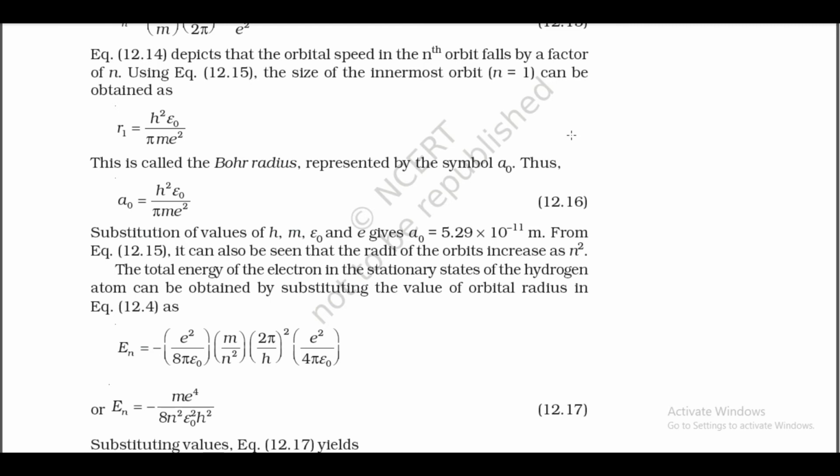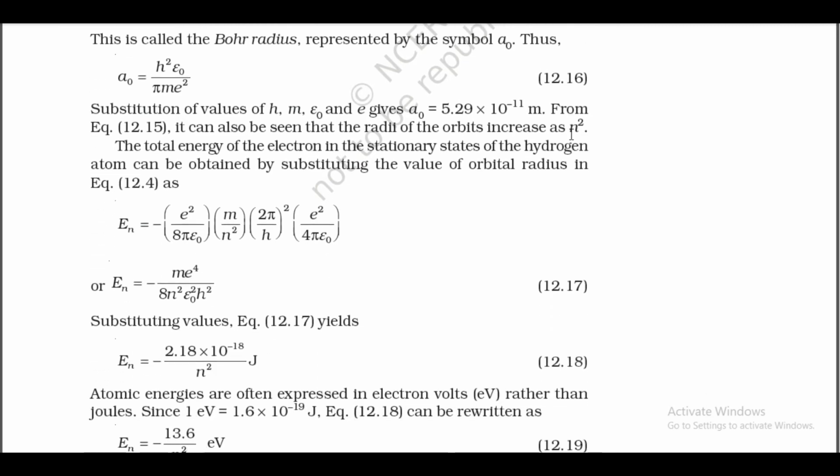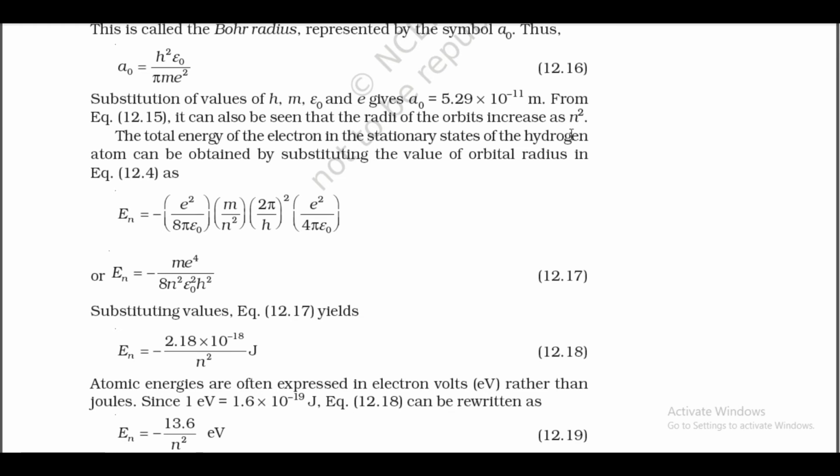The total energy of the electron in the stationary states of the hydrogen atom can be obtained by substituting the value of orbital radius in equation 12.4 as En is equal to minus e squared by 8π epsilon naught, m by n squared into 2π by h whole squared into e squared by 4π epsilon naught, or En is equal to minus m e to the power 4 by 8 n squared epsilon naught squared h squared.